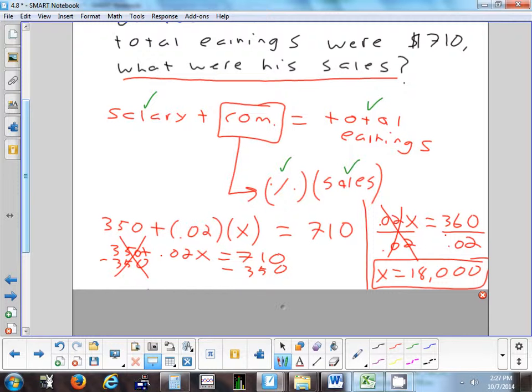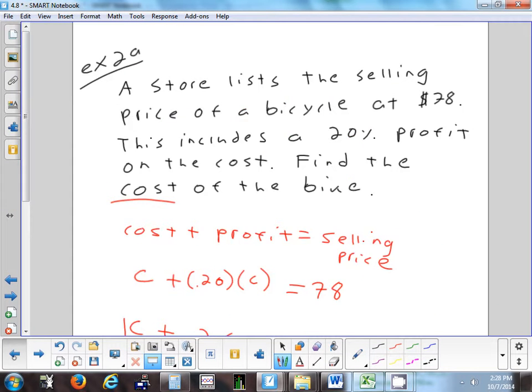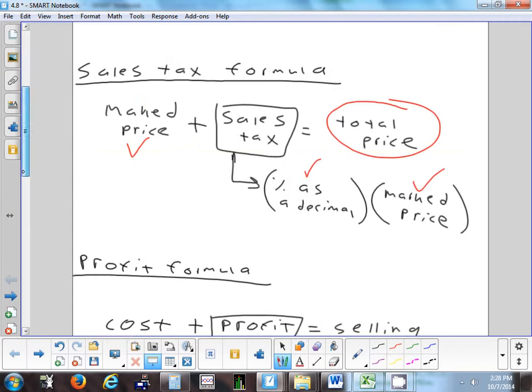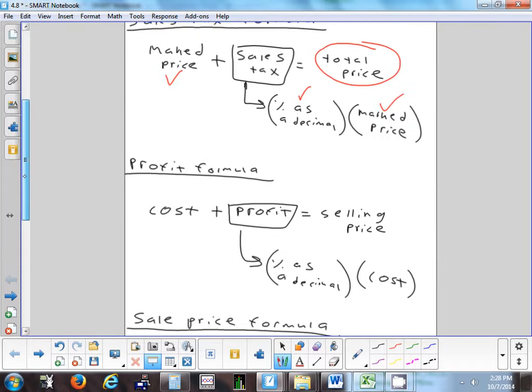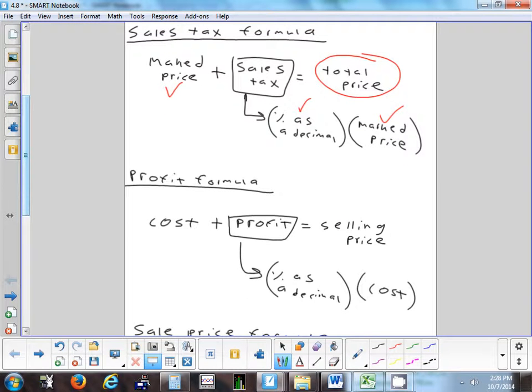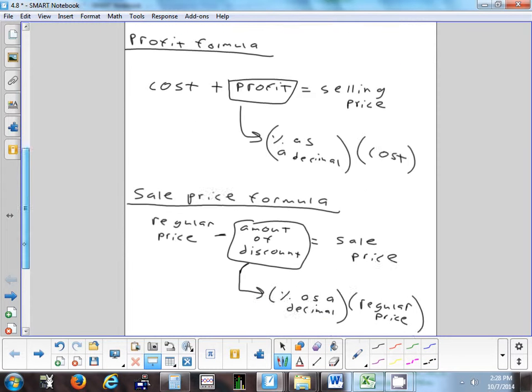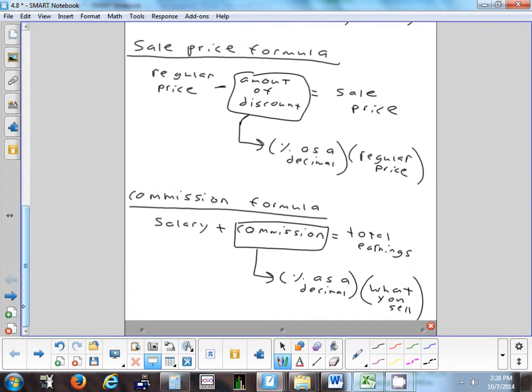Okay, so now what I want you guys to do is pick one of the 4 formulas. Okay, which formula do you want to try one example of on your own? You got sales tax, profit, sales price, or commission? Commission? Okay, we'll do one commission on your own.